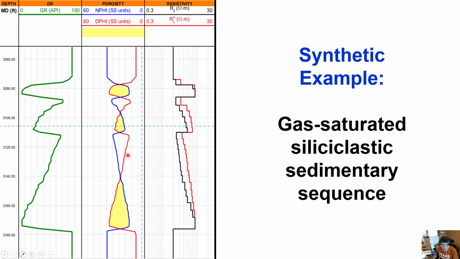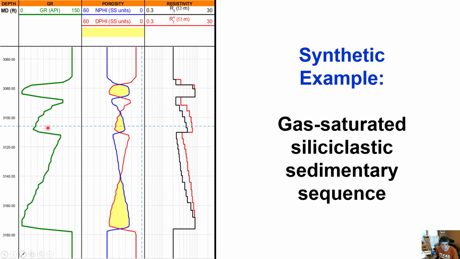You see, when we increase the volumetric concentration of shale in any of these shale-laminated sequences, the tendency for the logs is to begin to look like the logs across a pure shale. That's what we see here. And as we go along, the difference between the neutron and density increases.